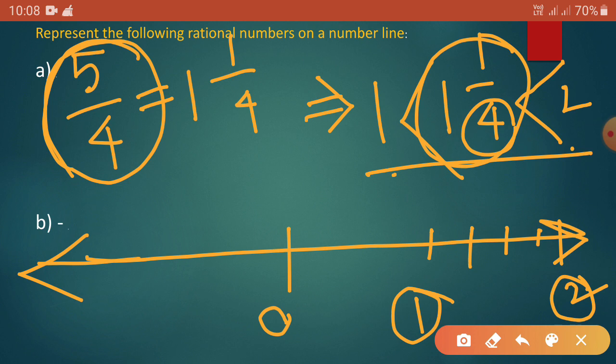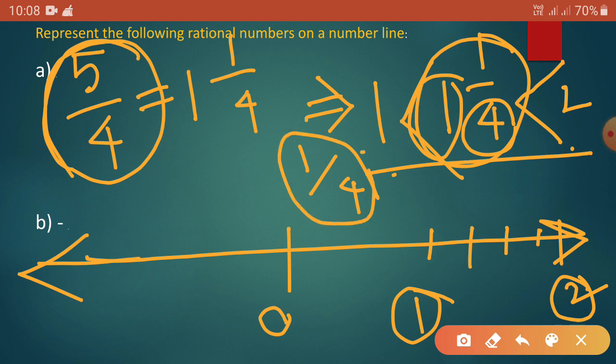We are starting from 1 because we have already taken 1. So how do we find 1 by 4? 1 by 4 means the first part of the fourth segment. So what is the first part of the fourth segment after 1?